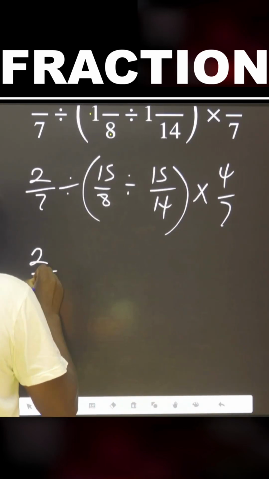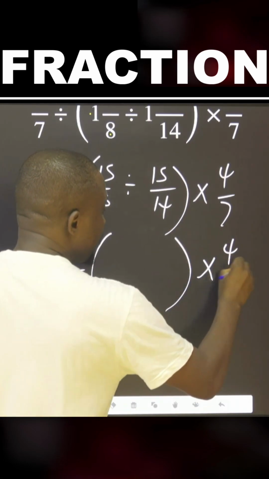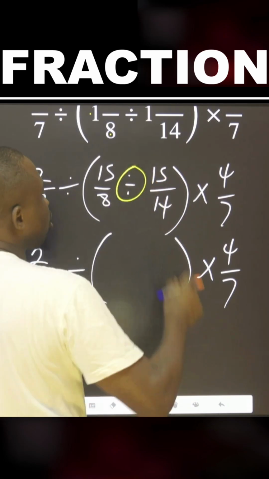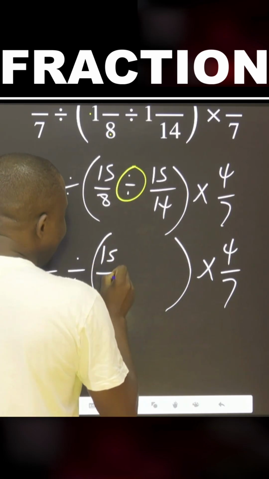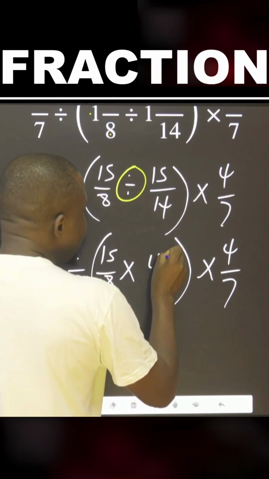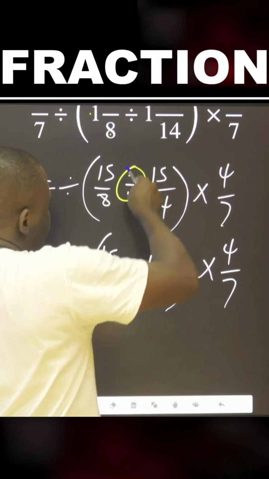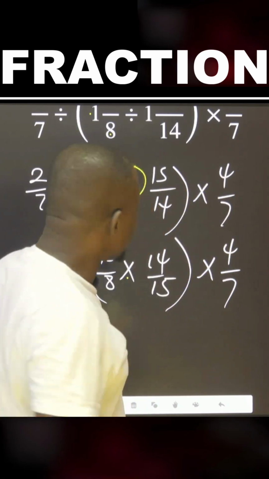Let's continue because we are not through with the bracket first. As you can see in this place, we need to turn this to multiply. It means that we have 15 over 8 multiplied by 14 over 15. We have to turn this upside down because we are turning this to multiply.